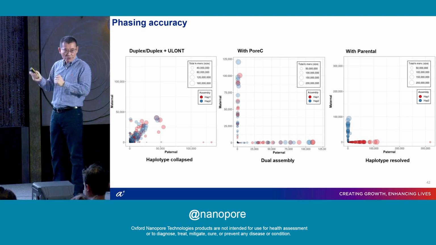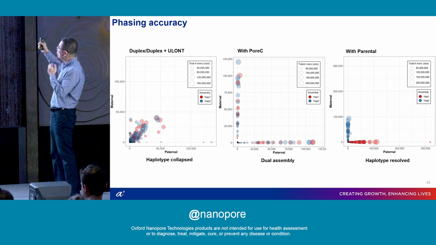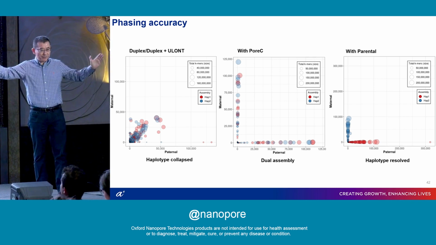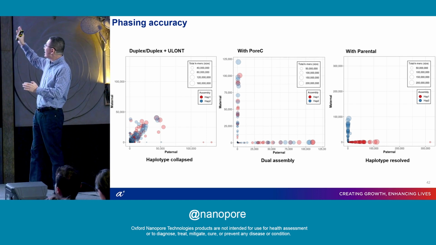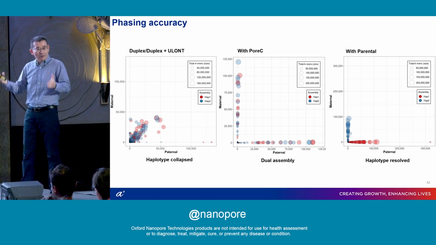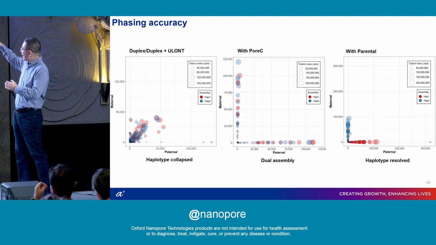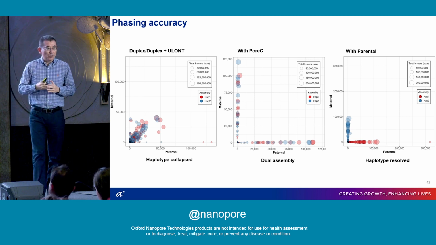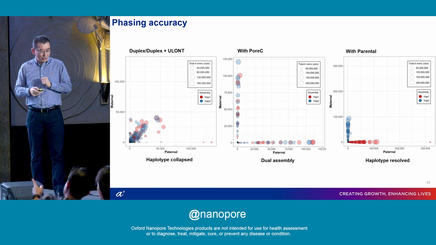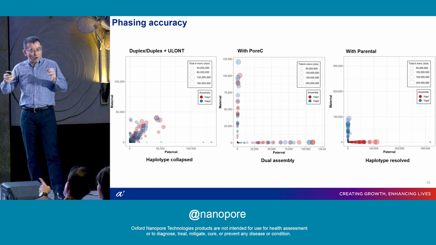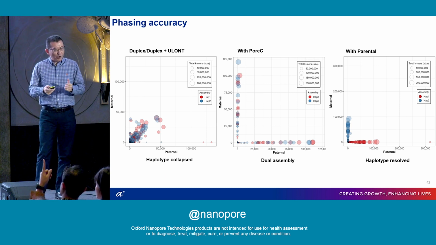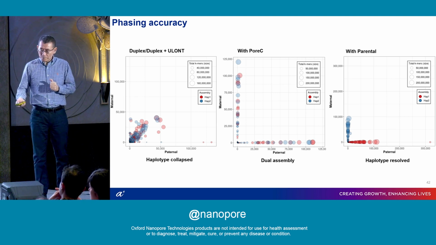But if you have a trio structure, you have parental information, and you can do truly haplotype-resolved chromosome assemblies. In this case, you can see that all the HAP1 is representing the paternal contigs, and the blue one, HAP2, really represents the maternal haplotype chromosomes. So you can see the phasing using long-range information is still essential, and if you want to figure out the parental origin, you do need the parental information.